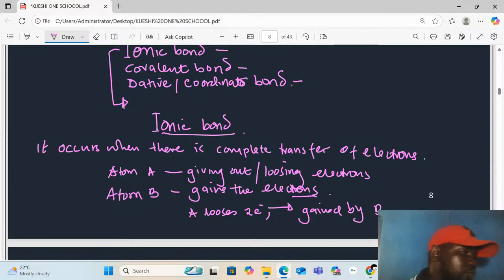So we have donation and receiving. The donor gives out the electrons, and then the receiver or recipient atom receives fully the electrons lost.